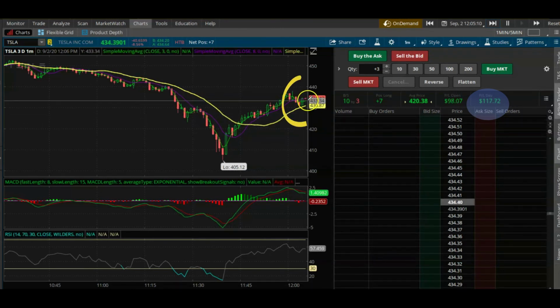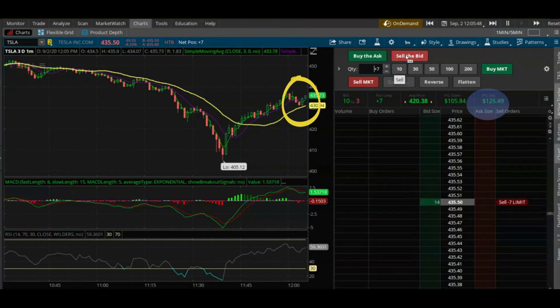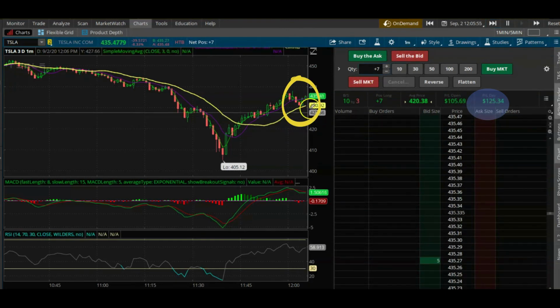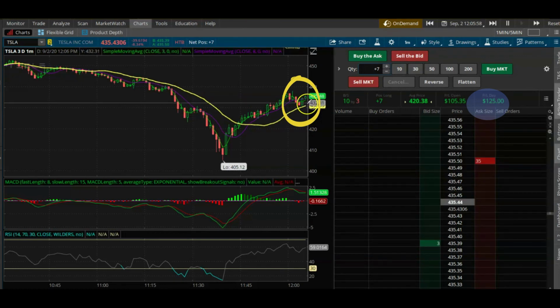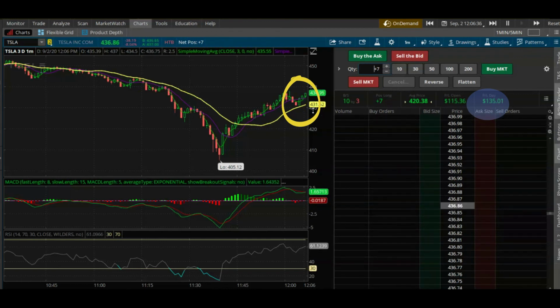Looking for another golden cross. So we have another looming golden cross. And the golden cross did occur, and price action is moving accordingly in the upward direction.